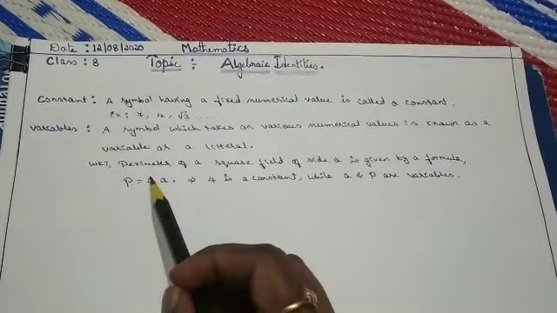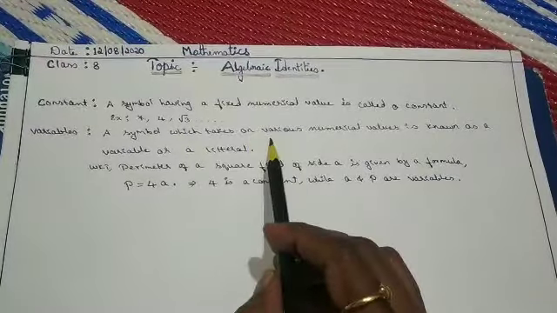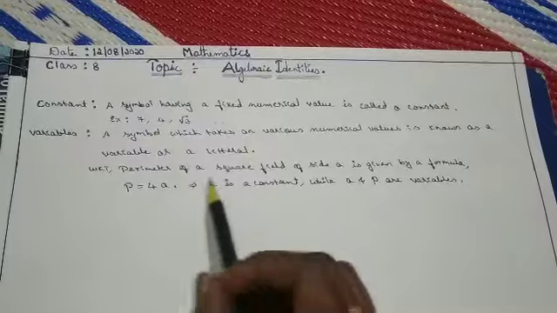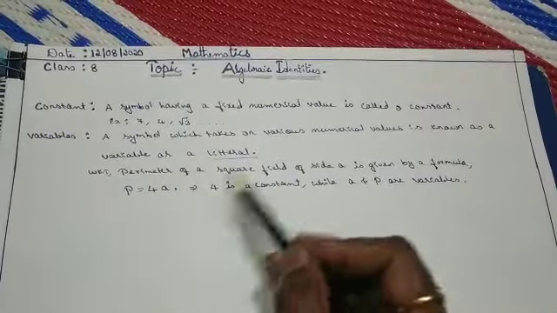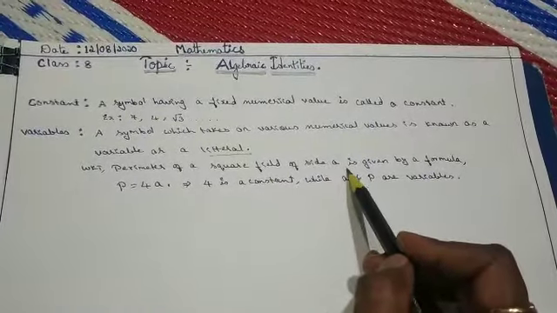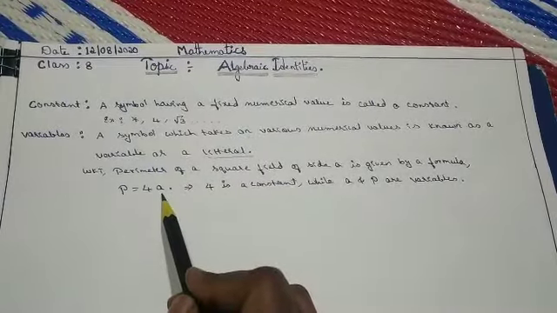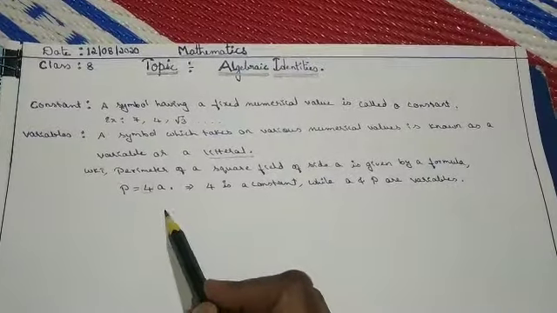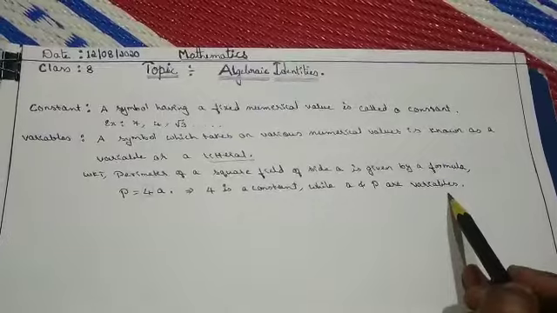Next comes variables. A symbol which takes on various numerical values is known as a variable, or we can call it a literal. For example, we know that the perimeter of a square field of side a is given by the formula P equal to 4a, where 4 is a constant while P and a are variables.